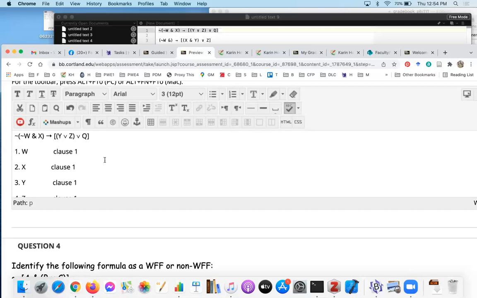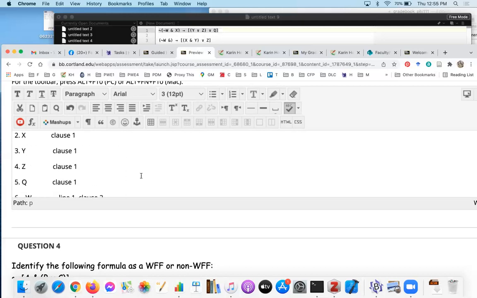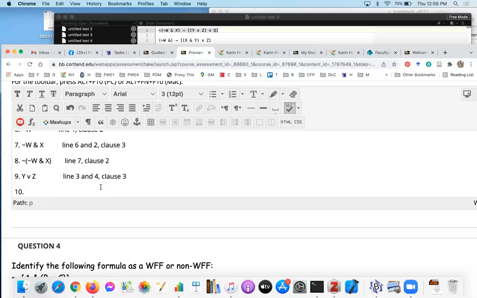So I can do that if I have the well-formed formulas y and z already, and I do on lines 3 and 4. So that's by line 3 and 4, clause 3. Okay, and now I want to put that together with a wedge Q, and Q is on line 5.